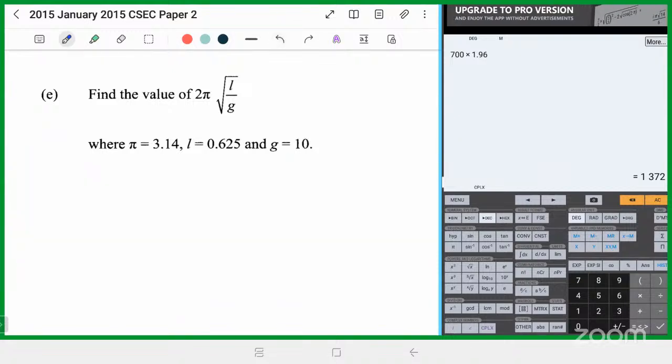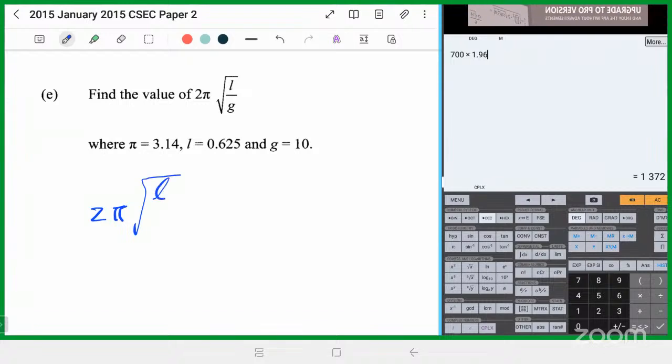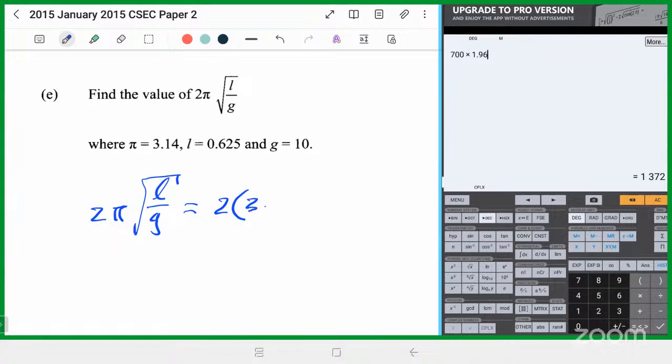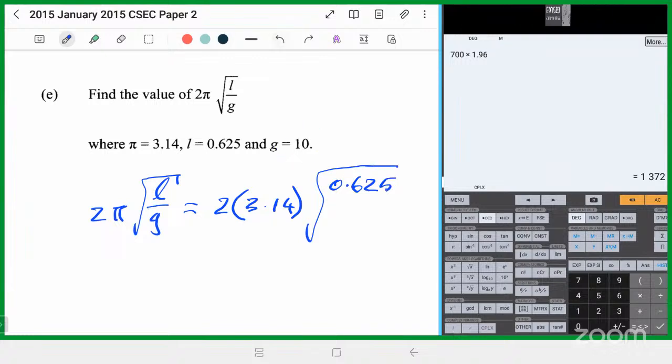But anyway, I want us to work out the value for this, substituting these values inside here. So it's going to be 2 times pi, which is 3.14, times the square root of L, which is 0.625, divided by 10.